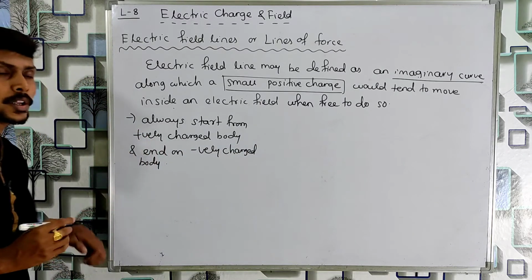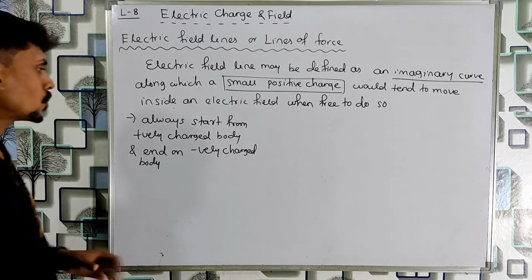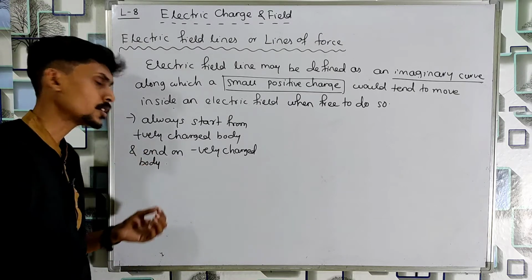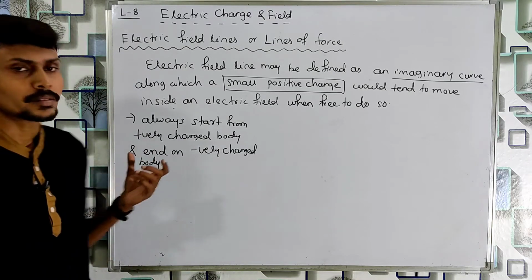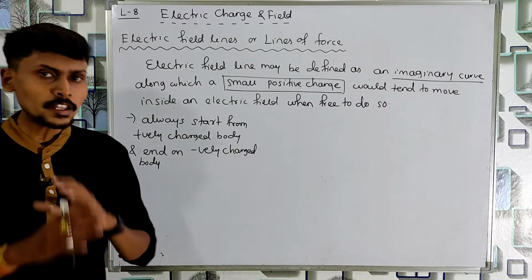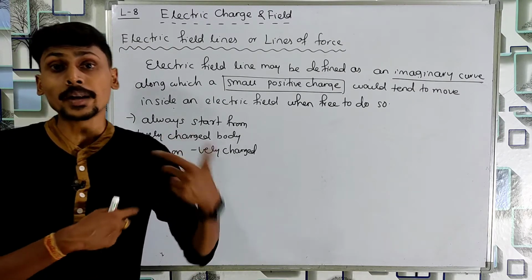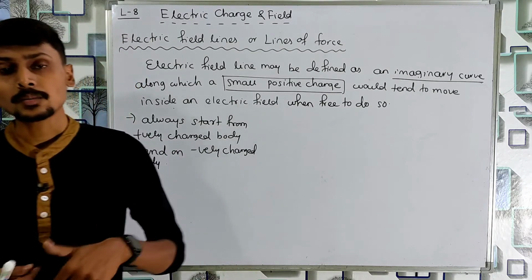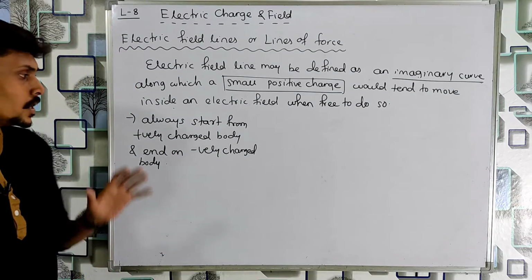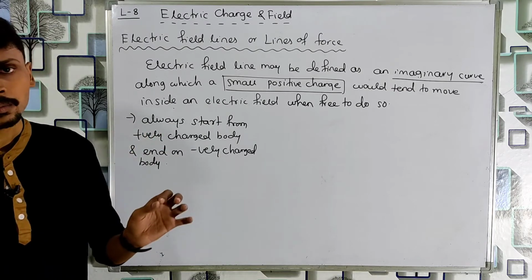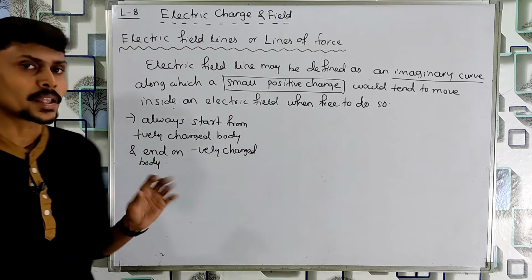This is the first point you have to remember. In no case will you see an electric field line starting from a negatively charged body and ending on a positively charged body. That is impossible.